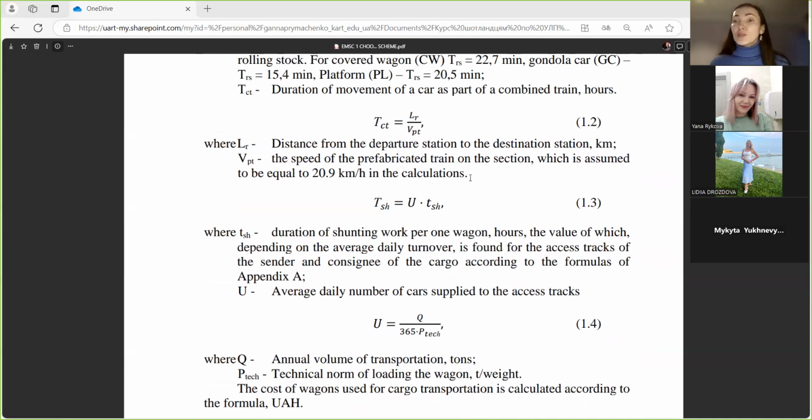We have this parameter the same for all variants, so please write 20.9 kilometers per hour in your denominator and calculate this time for our delivery by combined train. The same, we leave 2 points after the comma, and the result will be in hours.